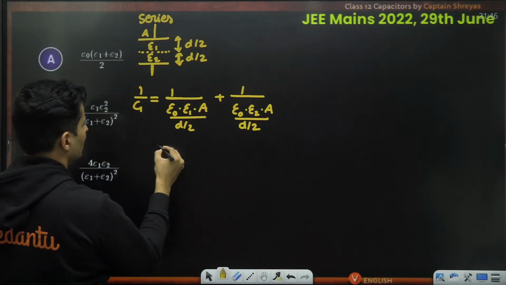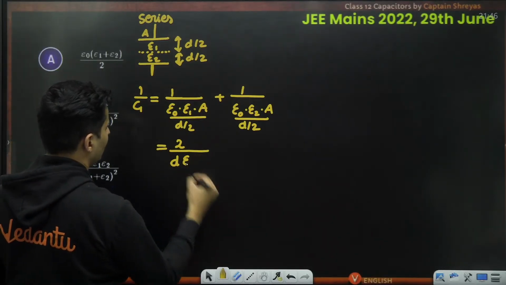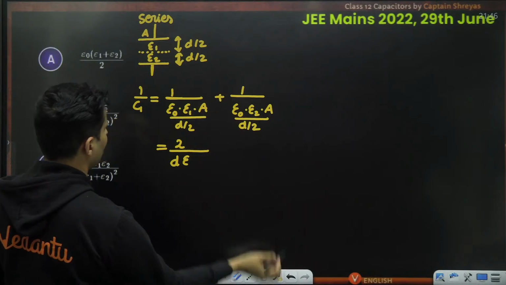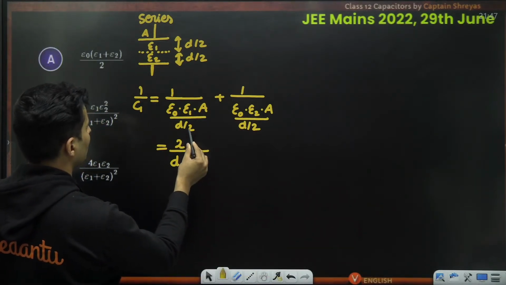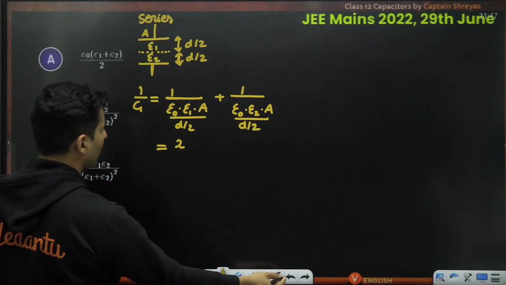The distance D will itself be D by 2, and the area will be the same. A lot of things are common, like 2 and D. So this D will go on the top and 2 will come below.